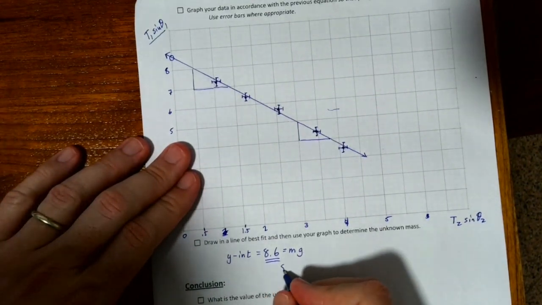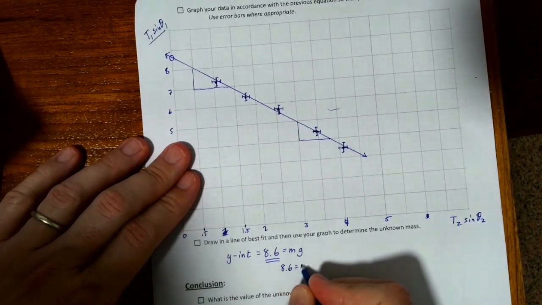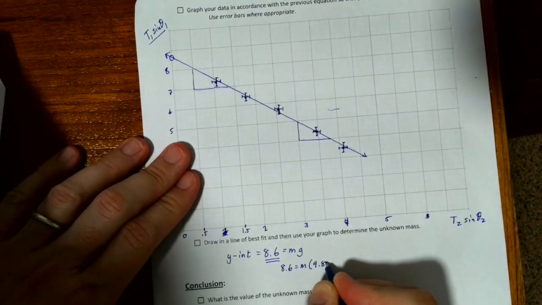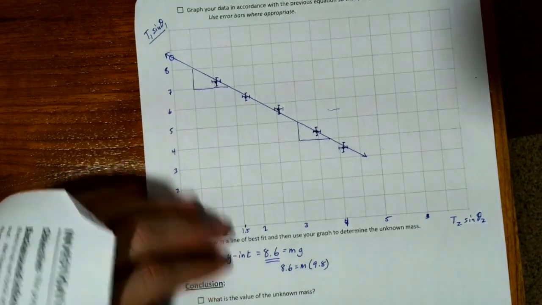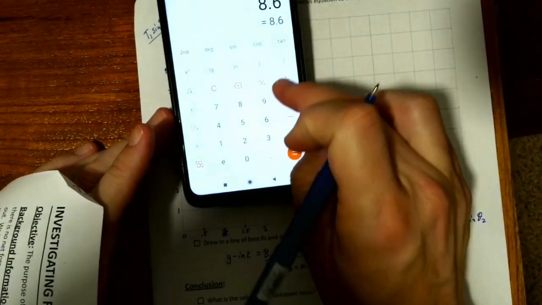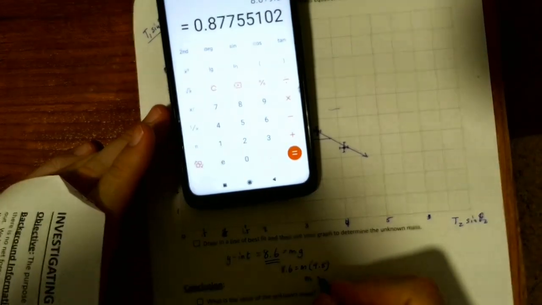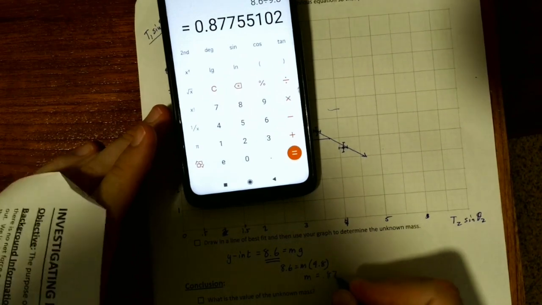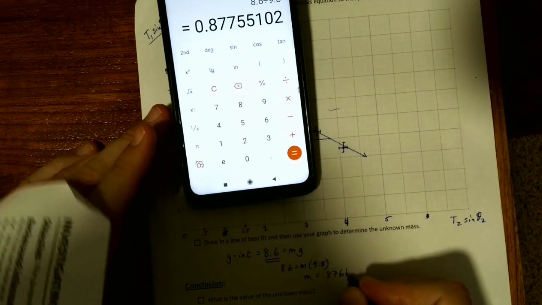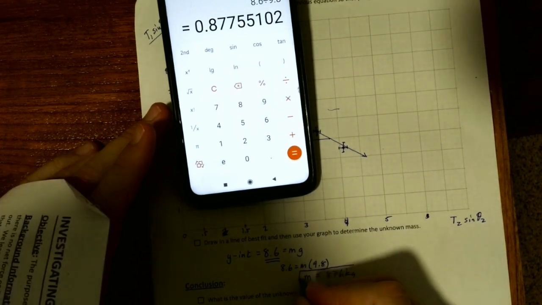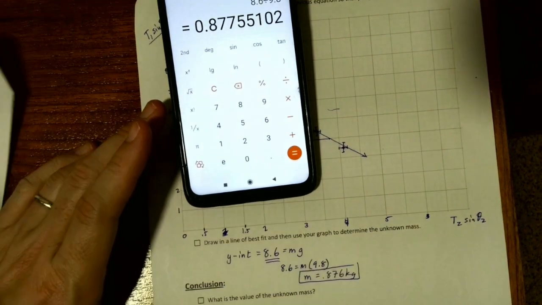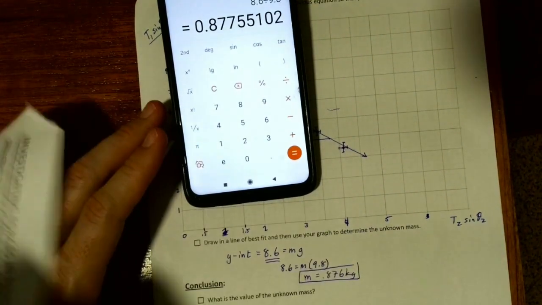And so if I do 8.6 equals the mass times 9.8, and I punch that into my calculator, I would get 8.6 divided by 9.8, and I get a mass of 0.876 kilograms. All right?